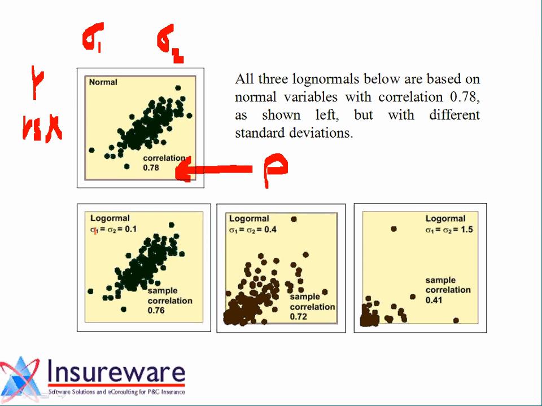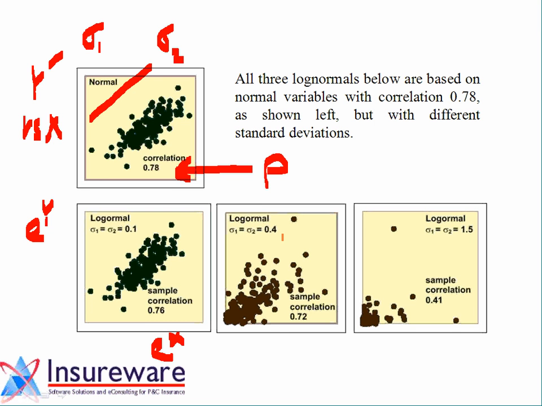If you now make the standard deviations of y and x equal to, say, 0.1, and you simulate, and basically you're exponentiating the y and the x, and you do a graph of e^y versus e^x, it looks like that.